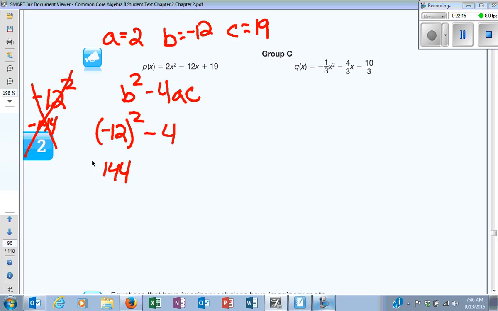Minus 4 times 2 times 19. Someone have a calculator? Actually, here's what we can do. You want to see how we do something really quick? Mental math. Do you see how 8 times 19? I don't like that math. Do you? But I do like 8 times 20. I can do that in my head really quick.